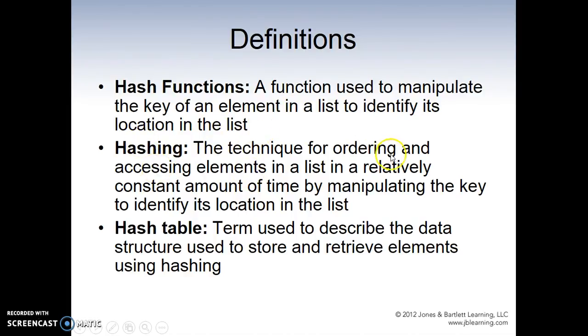Hashing is the technique for ordering and accessing elements in a list in a relatively constant amount of time by manipulating the key to identify its location in the list. Hash table is the term used to describe the data structure used to store and retrieve elements using hashing.